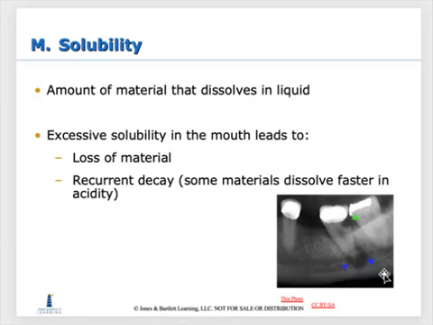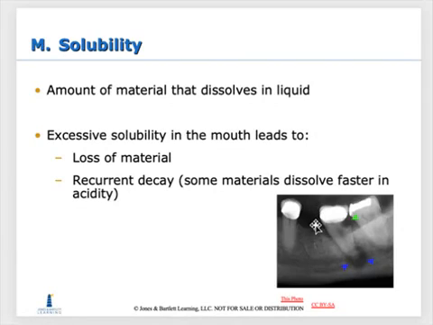This image here shows a PFM crown here, PFM crown here. This looks like it's probably an MO amalgam to me, but you can see there's recurrent decay, very, very large, with also a periapical infection. Generally metal is not going to dissolve.